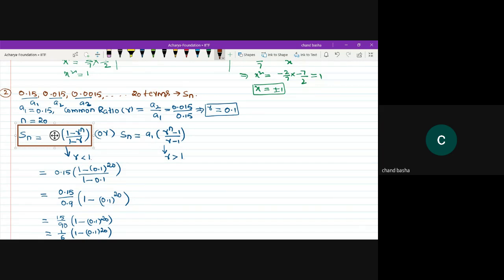I'm repeating again, it is one of the most important concepts. Without this, no question paper will be framed for any competitive examinations in class 11th and 12th standard. So if you observe from the given question, the R value 0.1 is less than 1, so I can use the first formula. Even if I use the second formula, no difference. I'll get the same answer.